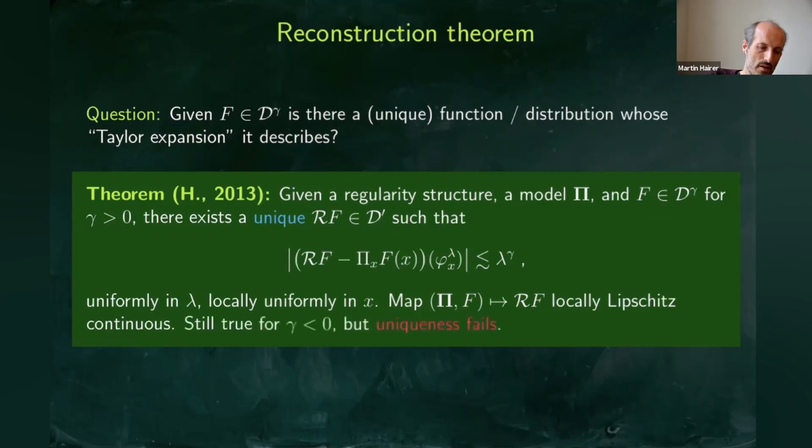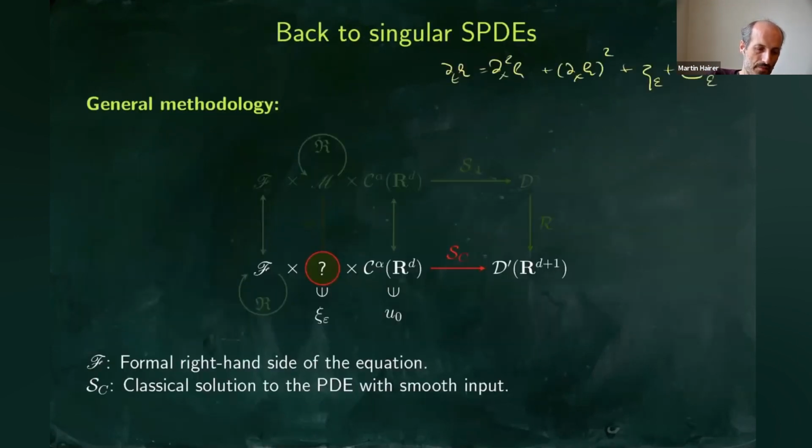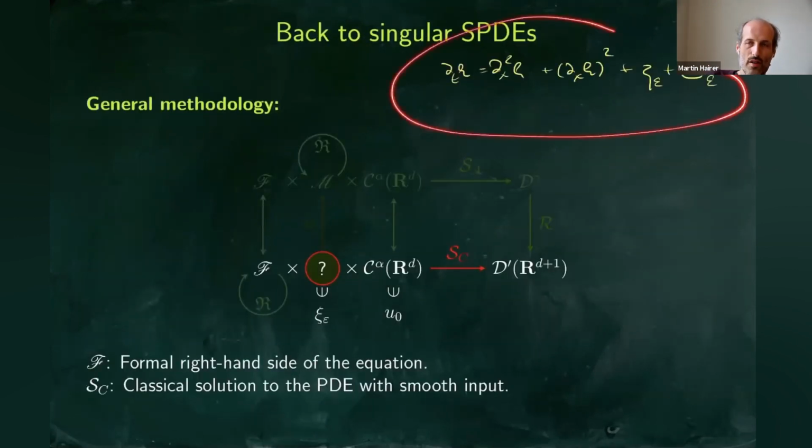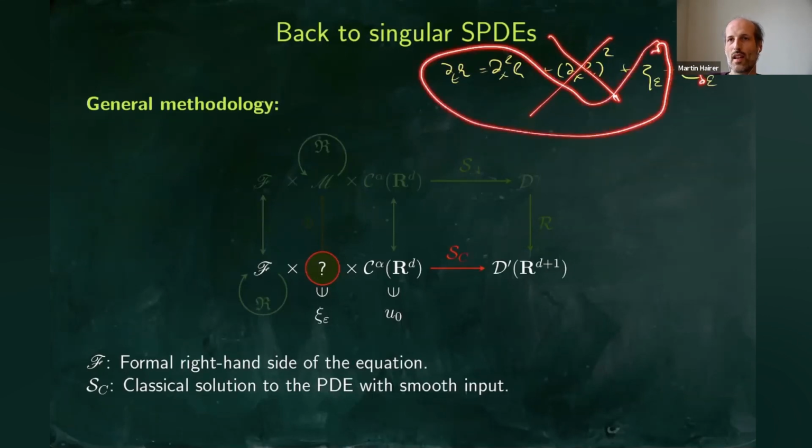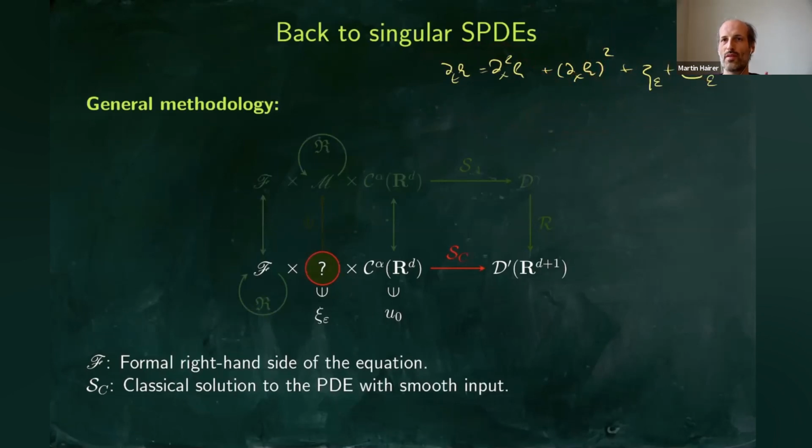So here, this KPZ equation is not scale invariant, but if I drop the nonlinearity and that constant, then I get the stochastic heat equation, and that one is scale invariant. And furthermore, it's super explicit, right? It's a Gaussian process. You can answer pretty much any question about it.